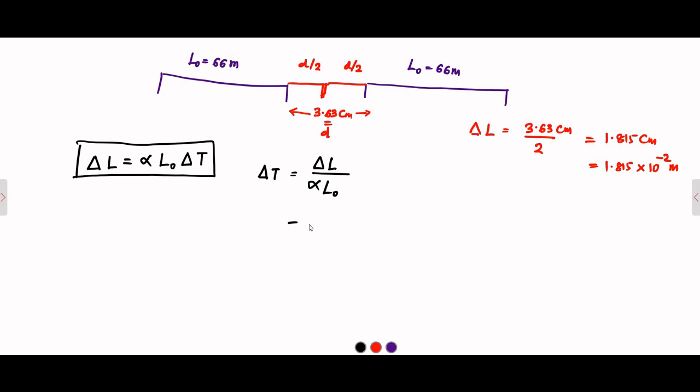The increase in length which is required to fill the gap is half the separation gap, so delta L is 1.815 into 10 to the power minus 2 by the linear expansion coefficient, which is equal to 11 into 10 to the power minus 6 per degree Celsius, into the initial length, which is equal to 66 meters.